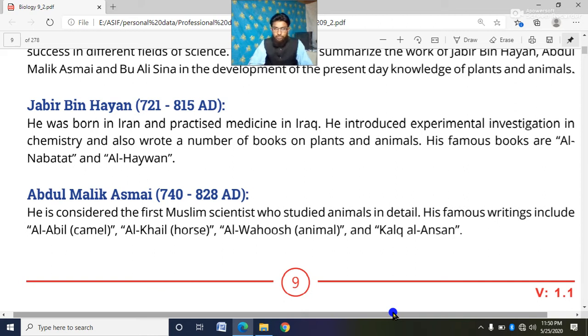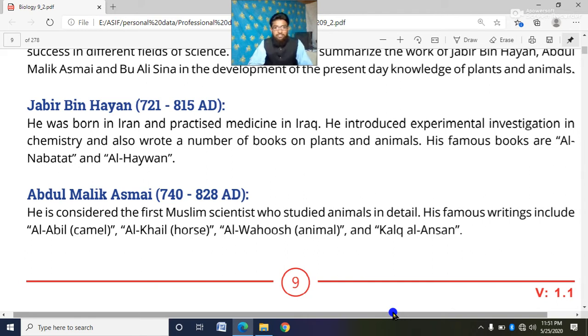Dear cadets, he introduced experimental investigation in chemistry and also wrote a number of books on plants and animals. Dear cadets, he was a chemist as well as a biologist.